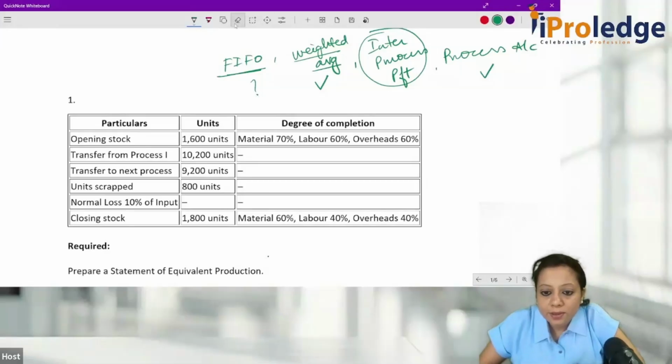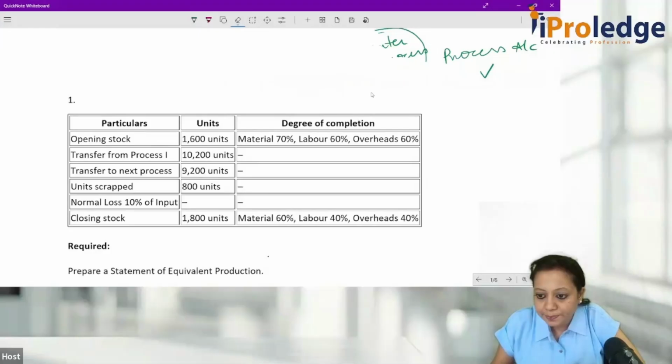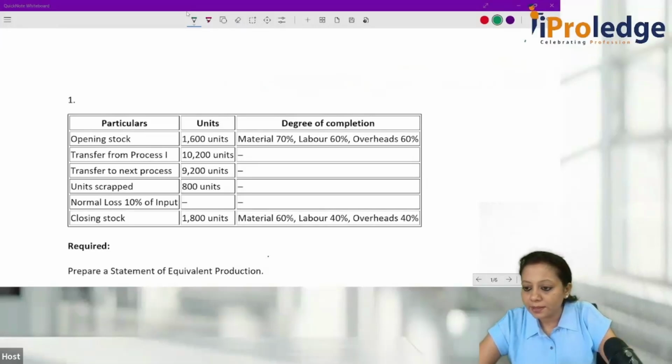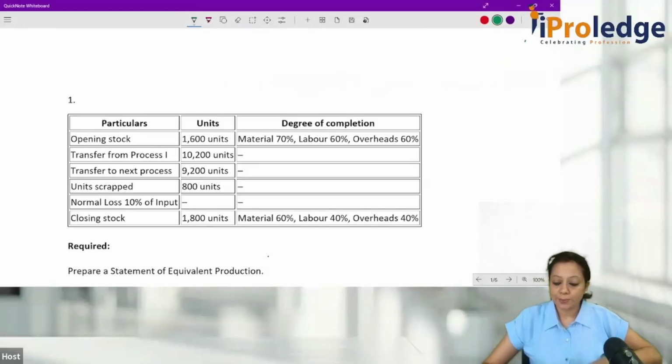All right, students, let's get started. For all of us, the PDF is shared in the group. For the students who are watching online, the PDF link will be given in the description below.